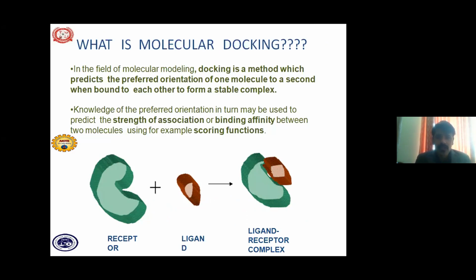In the field of molecular docking, docking is a method which predicts the preferred orientation of one molecule to the other. You can understand the perfect orientation: if you remember the lock and key model, where the receptor is and where the molecule comes and binds. Where does it get fixed? That's the orientation.